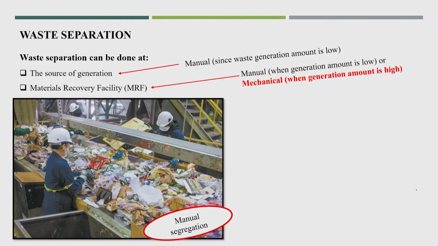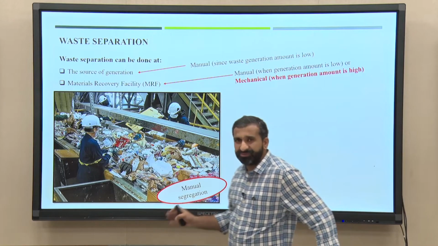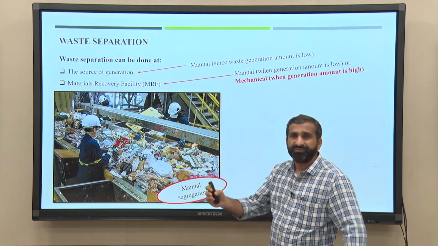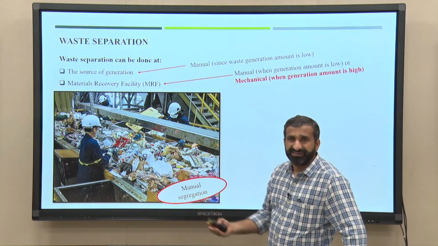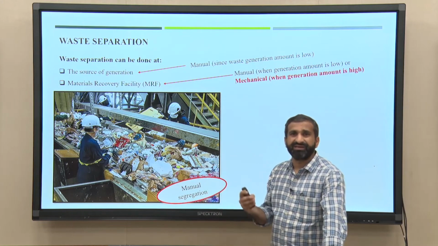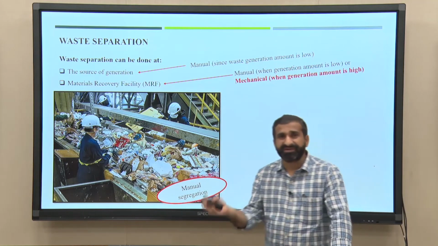Manual segregation could be possible if the quantity is low, by putting a number of manpower on it, and again it depends upon the objective. Suppose at the MRF station the objective is only to segregate plastic, or paper, or metal and glass.